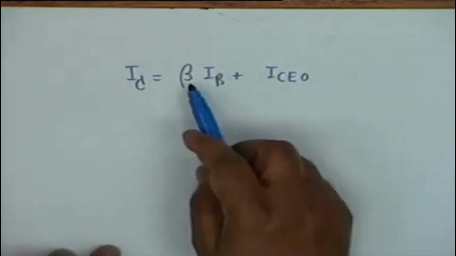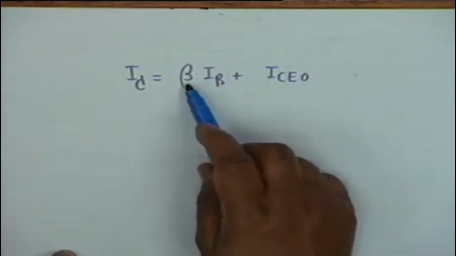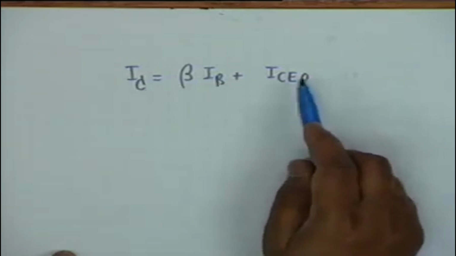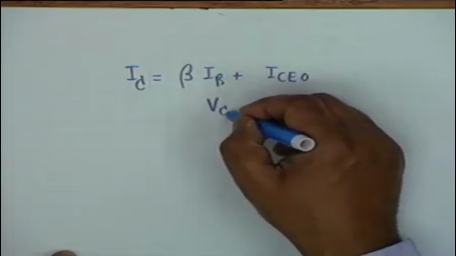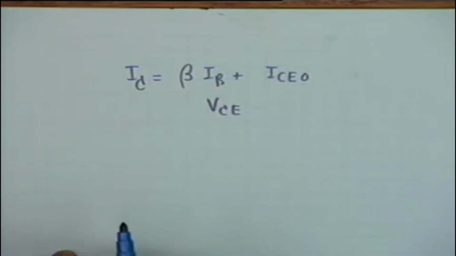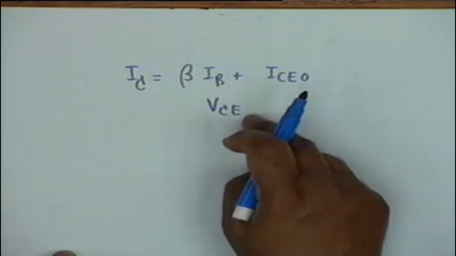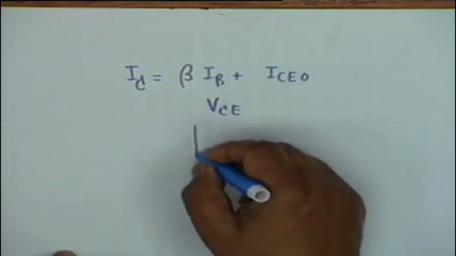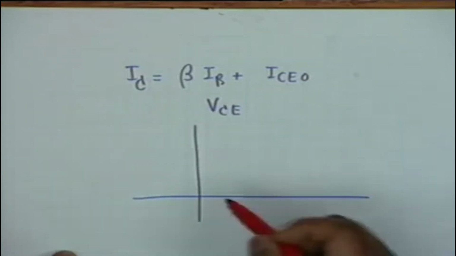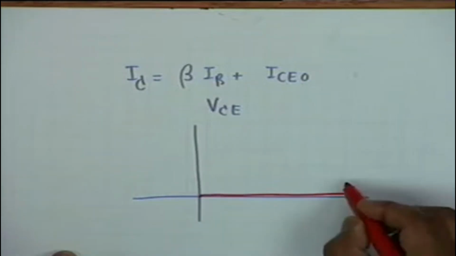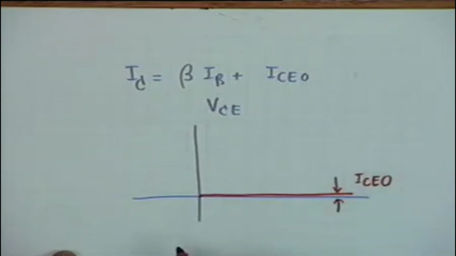You notice that if the input current is 0, that is base is open, base does not contribute anything, then I sub C will consist of a small component ICEO, and this is independent of VCE, that is the collector to emitter voltage. In other words, if I plot the characteristics, IB equal to 0 will give rise to a characteristic like this, where this current is I sub CEO.